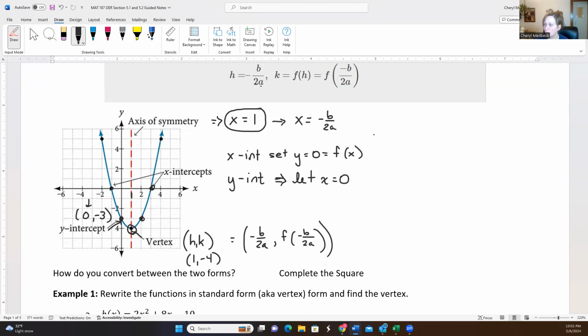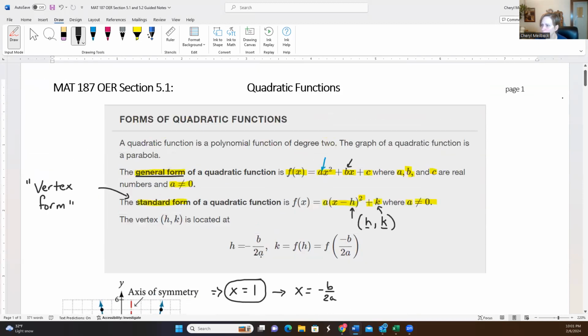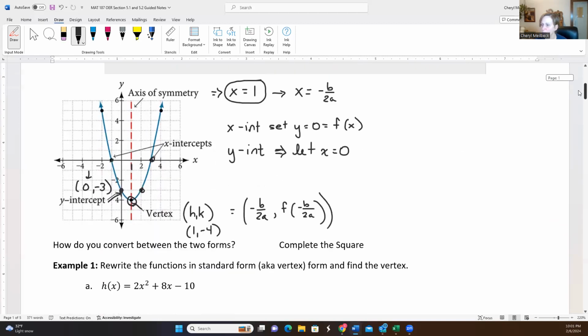Another thing to note about your quadratic function here, and you probably already know it, is that if this number a, either in the general form or in your standard vertex form, is positive, then your parabola opens upward, like the one we have here.